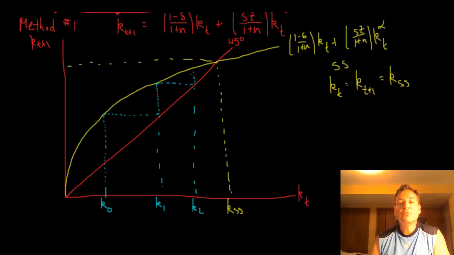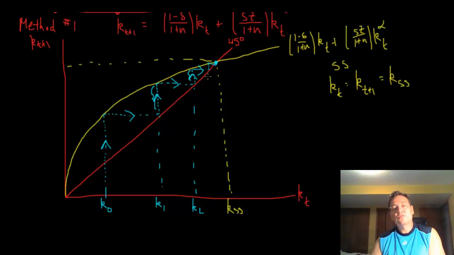And you can see that this process is going to continue until each incremental change in k gets smaller and smaller. And so the dynamics of the model are such that if you start at a point that is below the steady state, you will ultimately converge to this steady state.